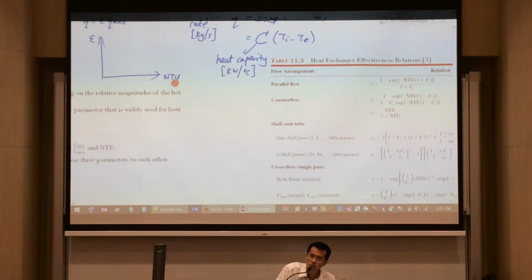I haven't introduced you that yet. If I look at just this equation as a mathematical formula, axis y is epsilon, axis x is NTU. These are variables.